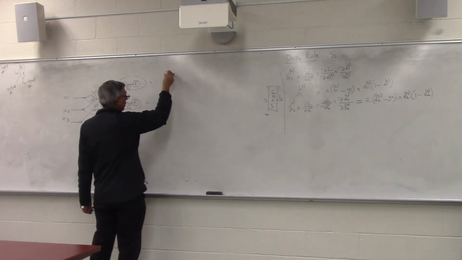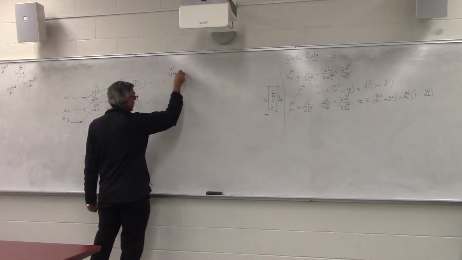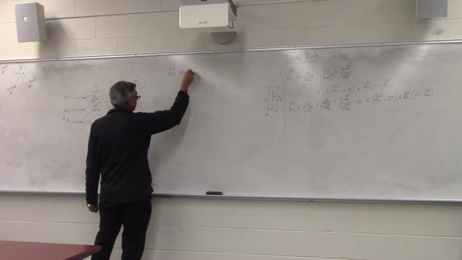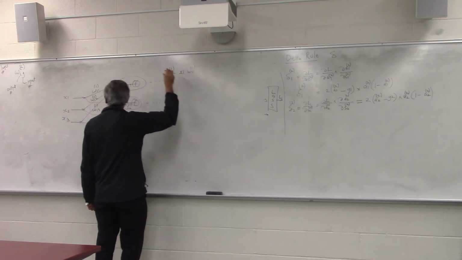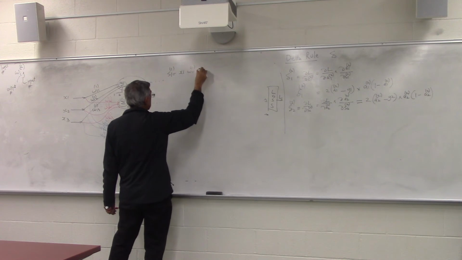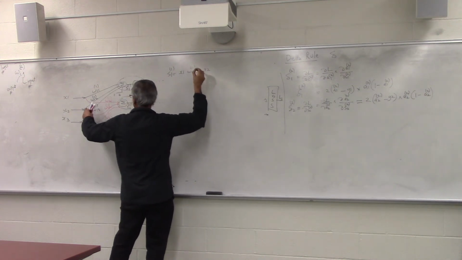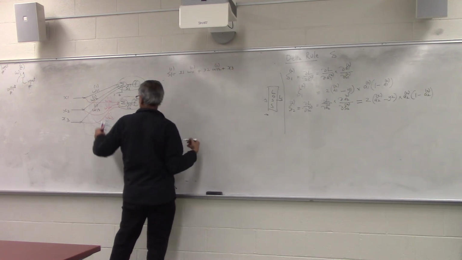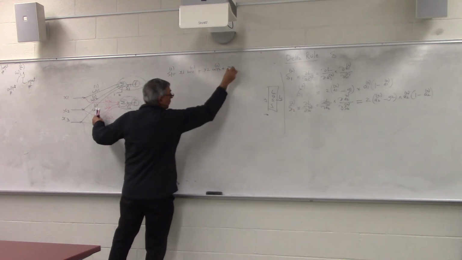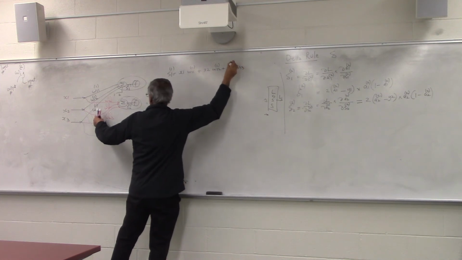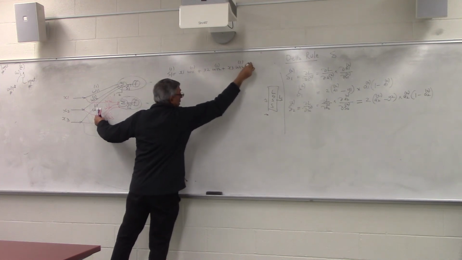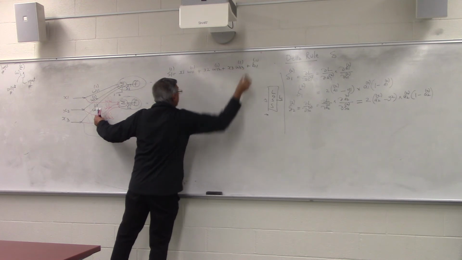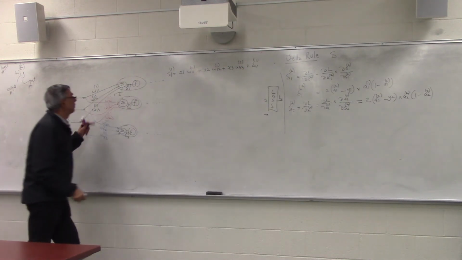According to our equation, S1 of 1 will be x1 times W11 of 1 plus x2 times W12 of 1 plus x3 times W13 of 1 plus B1 of 1. Everybody agrees?